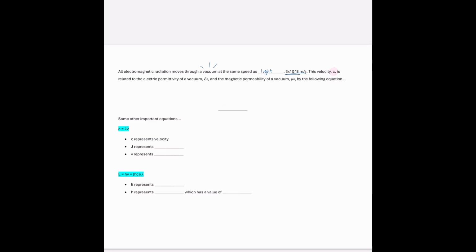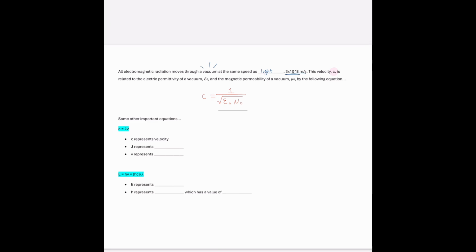Let's do it in bright red. So we have the velocity, c, is equal to 1 over the square root of the electric permittivity, epsilon naught, times the magnetic permeability, mu naught. And there is our formula.